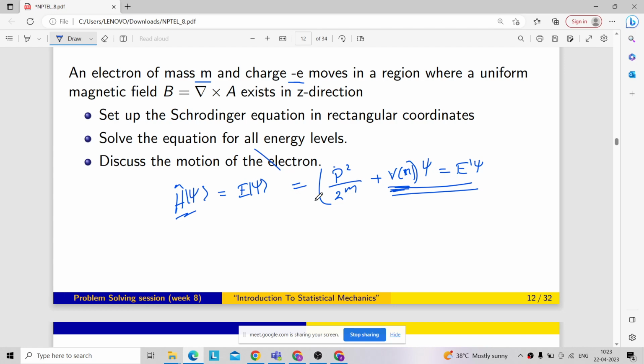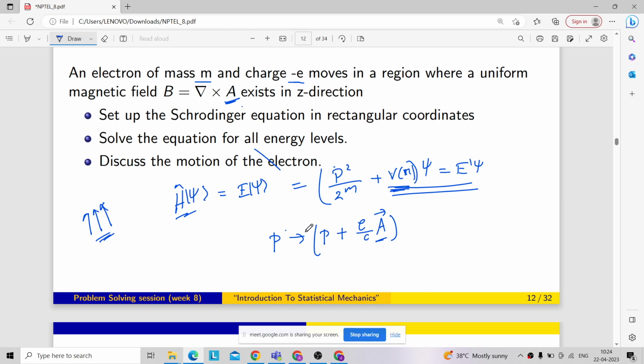So if a charged particle is inside a magnetic field, then its momentum actually changes. So how does it change? So this P goes to P plus e over c A, where this A is the vector potential. You can see this A coming in the magnetic field, right?